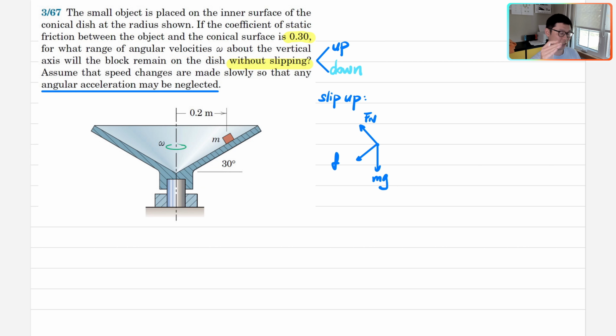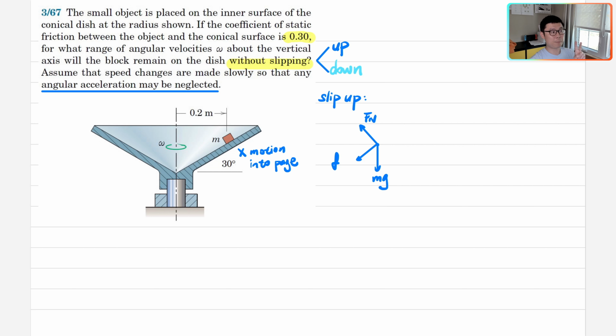Now, in this case, where does the block go? Just looking at what you have right now, the block at this instant is going into the page. So this is the motion, into the page. That is your tangential direction. Then where is your n direction? Number one, it is always perpendicular to the t direction.